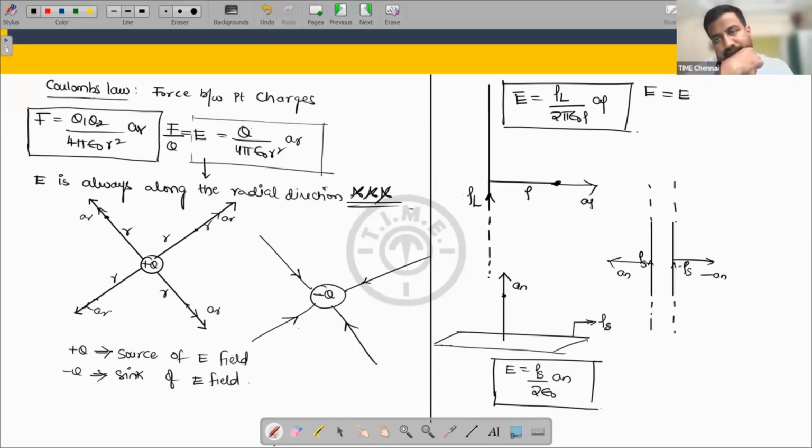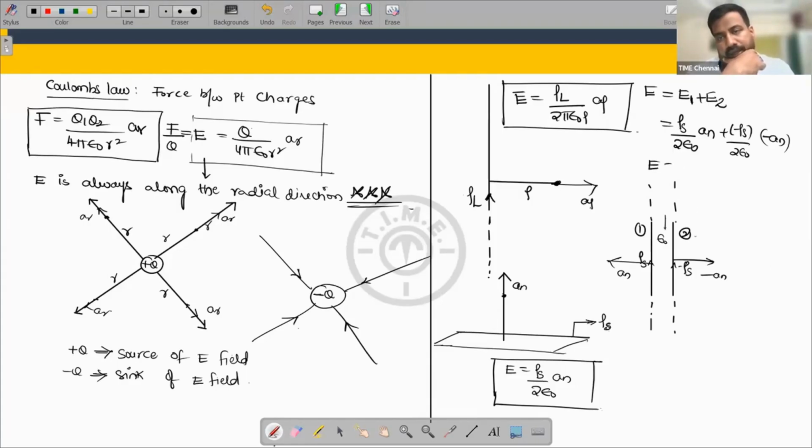Electric field for this parallel plate capacitor is given by E is equal to E1 plus E2, which is rho s by 2 epsilon naught an plus minus rho s by 2 epsilon naught minus an for the second plate. This is the first plate and this is the second plate, separated by free space having permittivity epsilon naught.